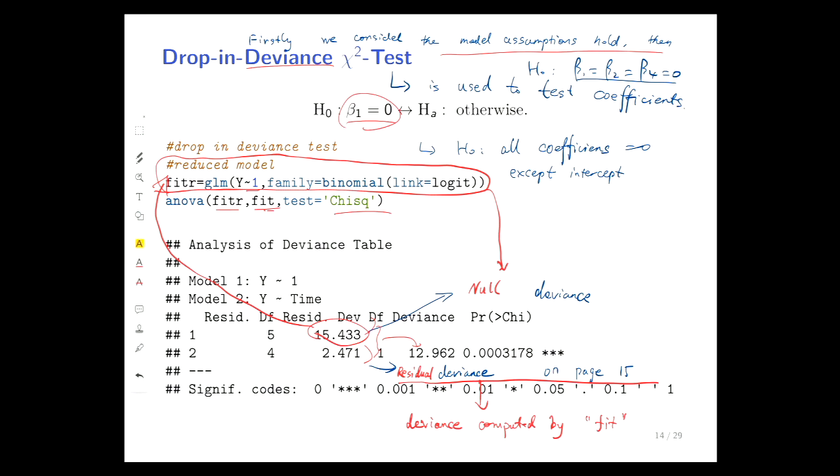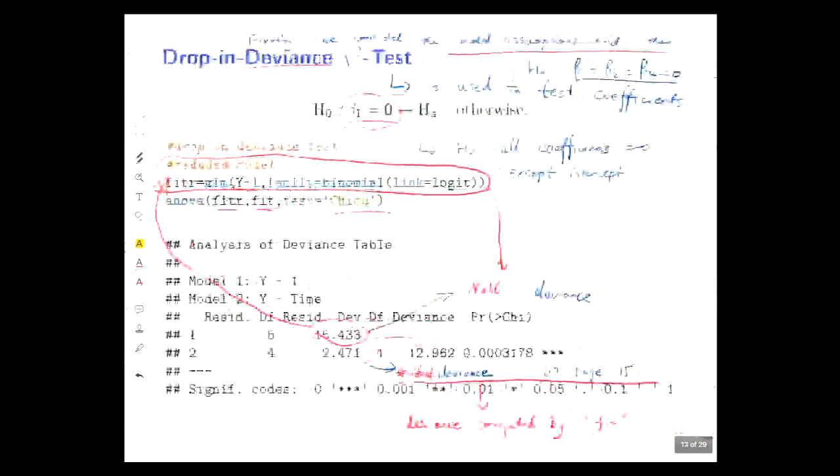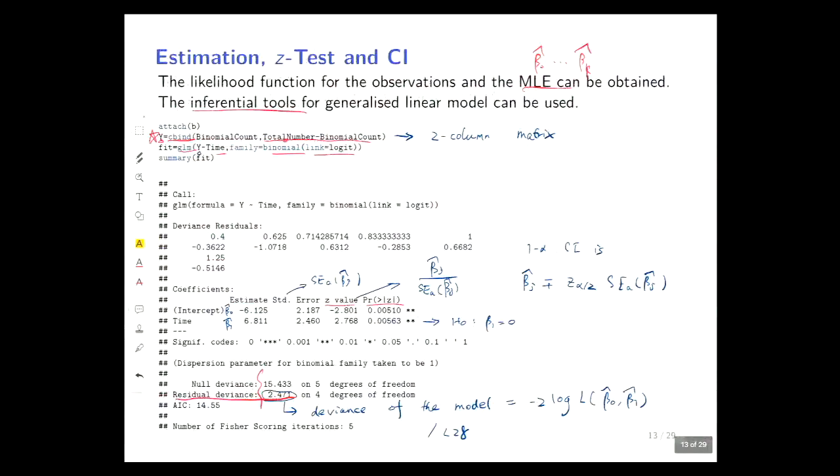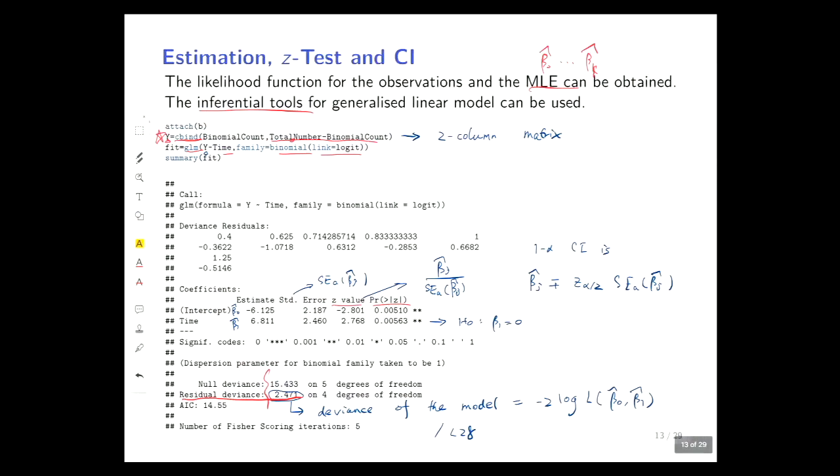What you need to understand here is that you need to compare, it's not page 15, sorry, it's page 13, a lot of mistakes, sorry. So you need to compare page 14 and page 13 and find the same quantities, the 15.433 and 2.471.